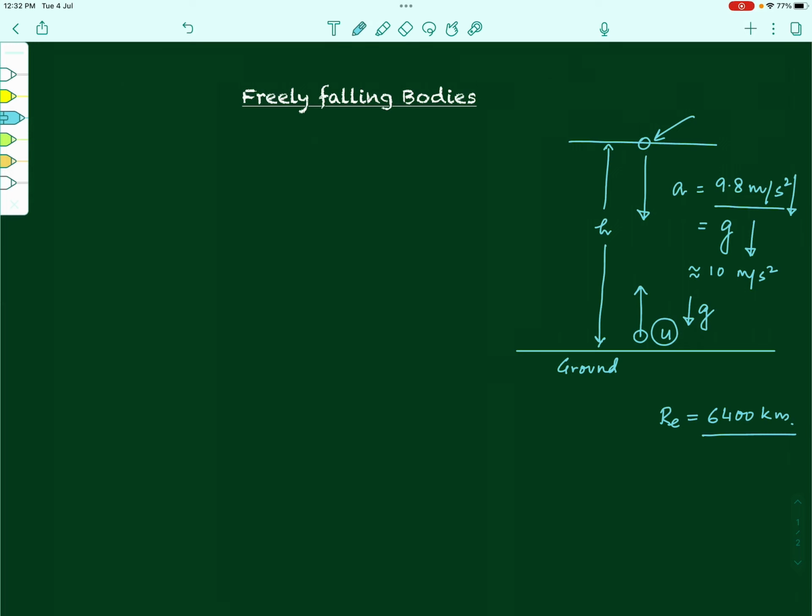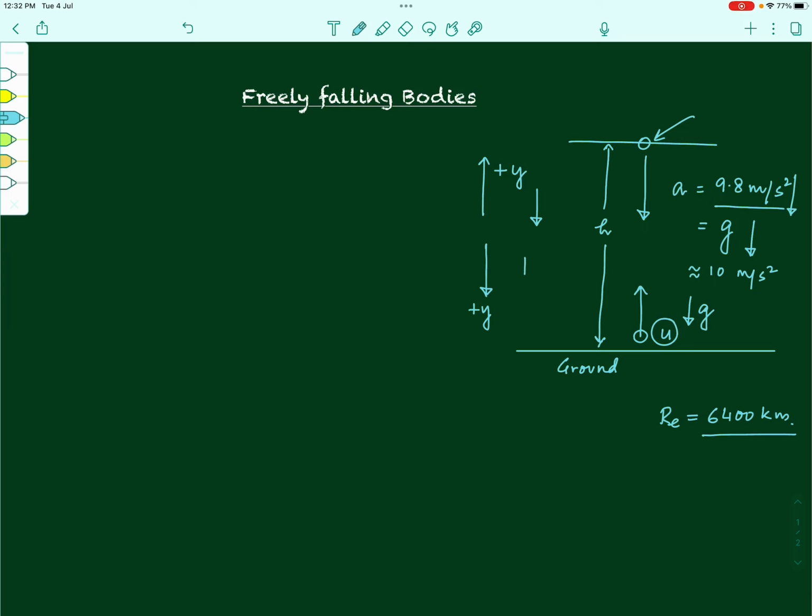So if we take the upward direction as the positive y direction, then understand that the acceleration acting on the body will be along the negative y direction, so we will take it as minus g. Whereas if we take the downward direction as the positive y direction, which we can do, it is according to our own convenience that we can choose any of the directions, positive or negative.